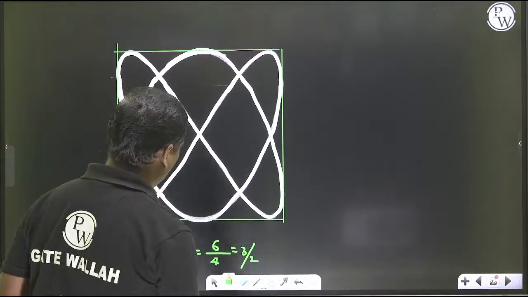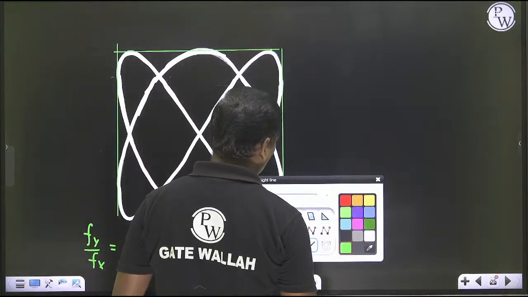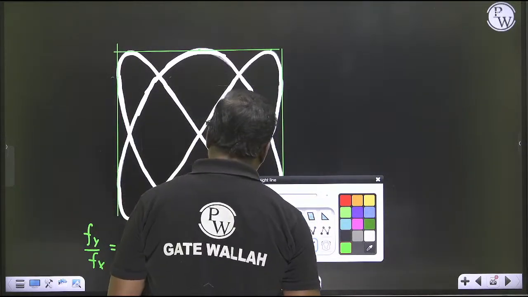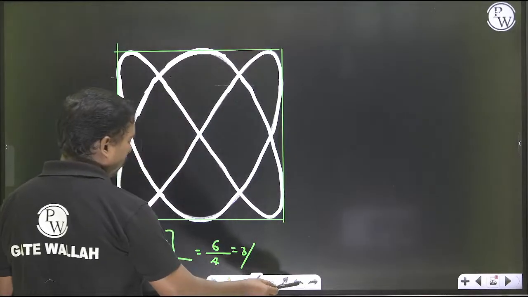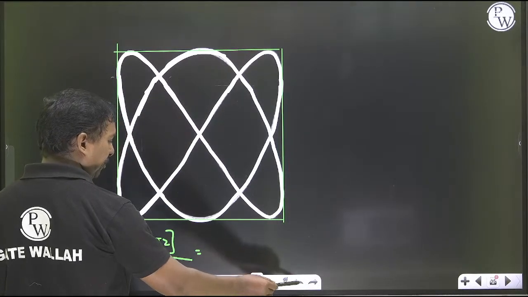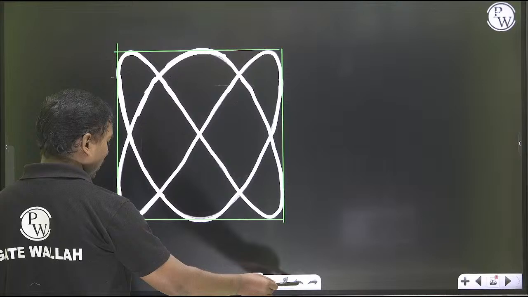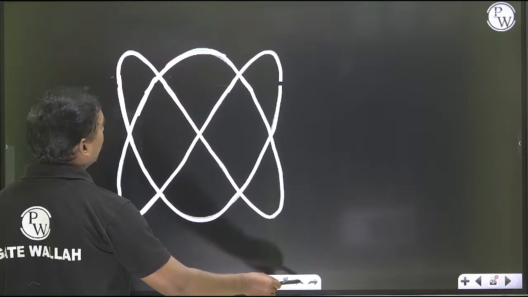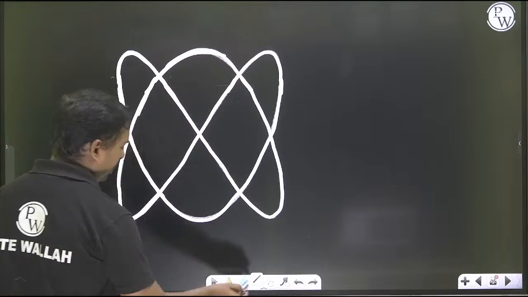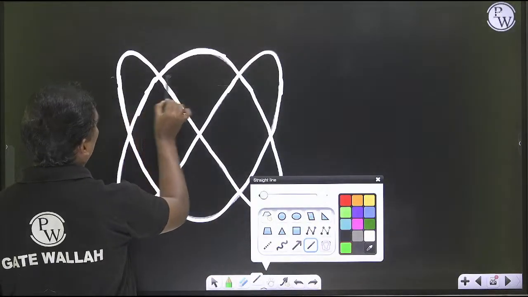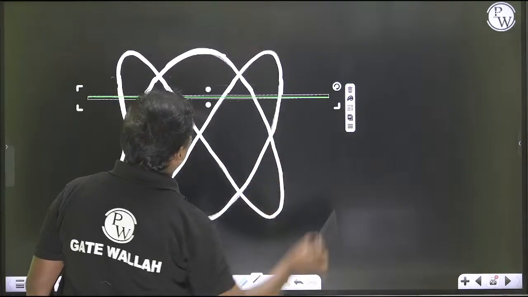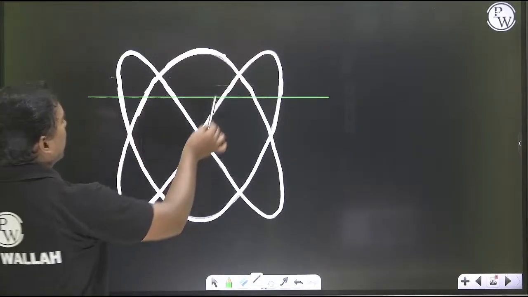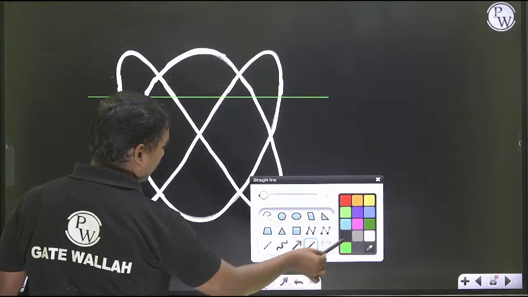Or if you take the intersection points method, how to go with intersection points? See here, draw an intersecting line in such a way that it should not pass through the common points. Go like this. You cannot draw between the common points, okay? And you can draw an intersection line vertically like this.